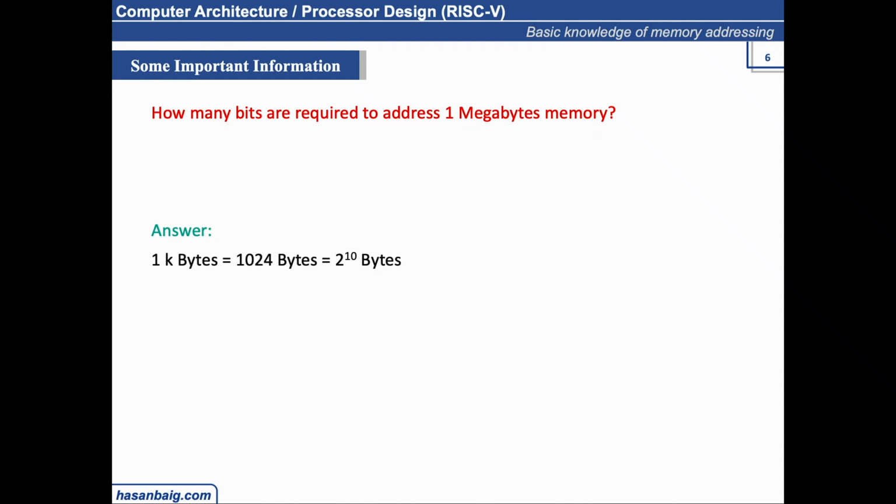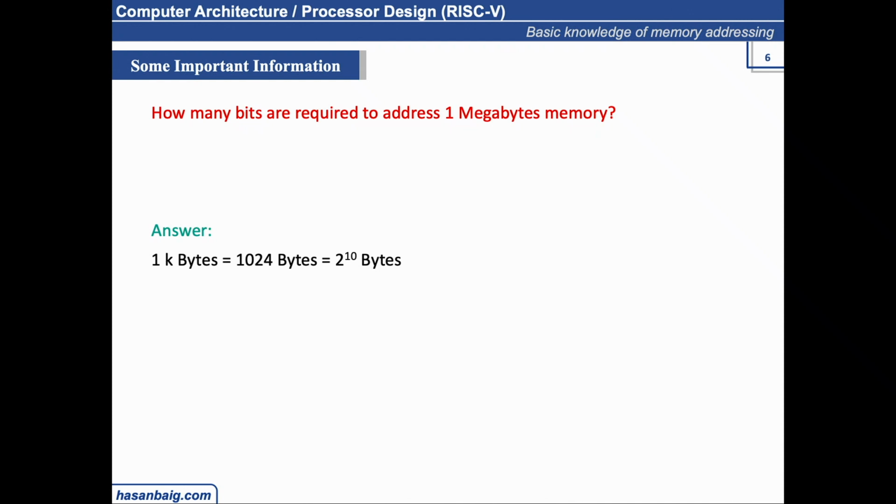The 0th byte and the 1st byte, so you can access 2 bytes with 1 bit. Similarly, with 2 bits you can access 4 bytes: 0, 1, 2, and 3. So you can represent a value up to 3 in 2 bits.